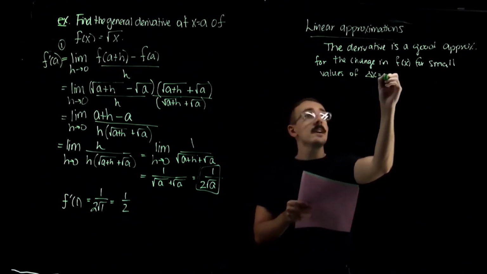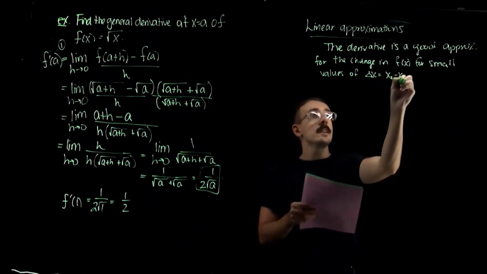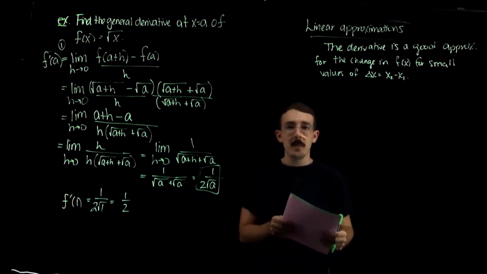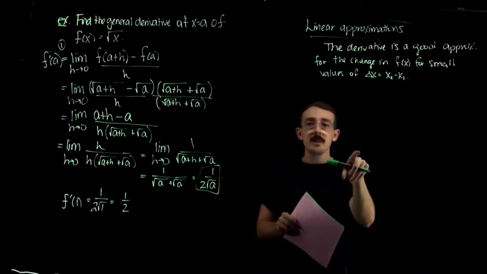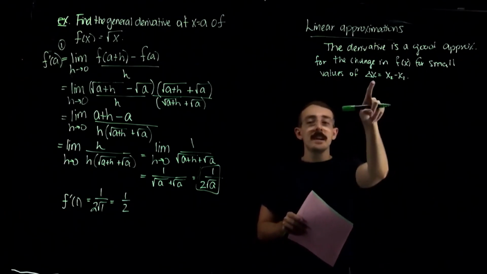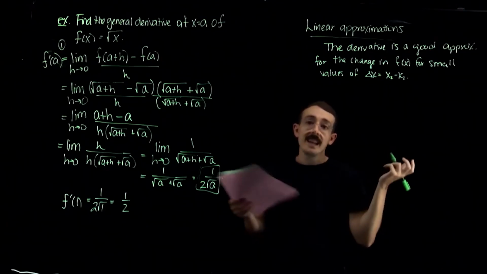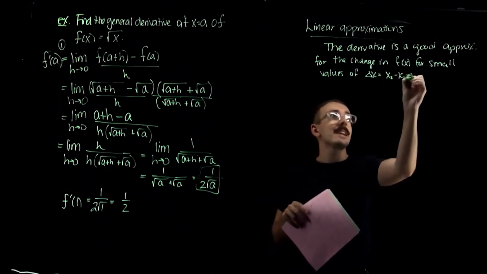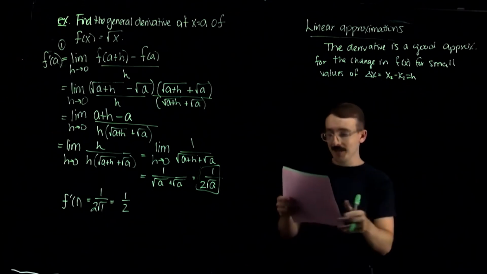And this is just the difference in two x values. So if I'm moving from x1 to x2, delta x is just the difference, how far you moved. It's h, basically. This is also just the h that I was talking about earlier.